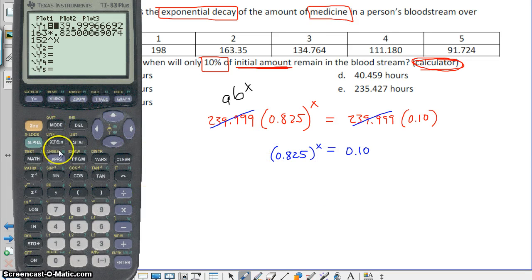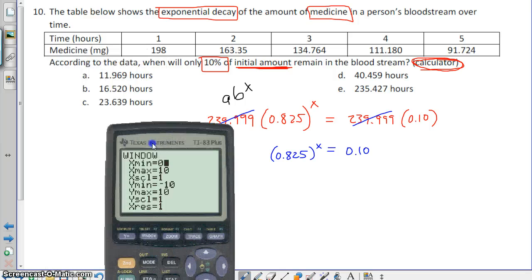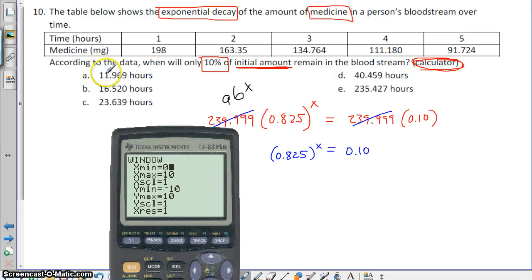So I'm going to delete a bunch of these values and then just set it equal to 0.10. Change my window. I don't need anything very big. If I look, I can see that my answer choices go up to 235.